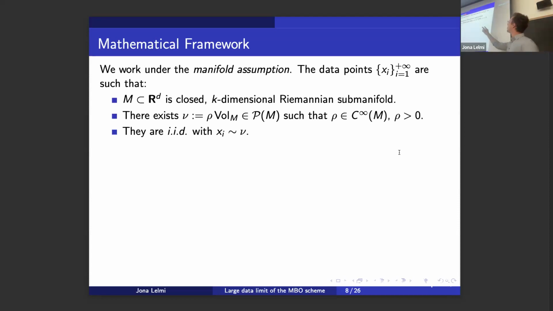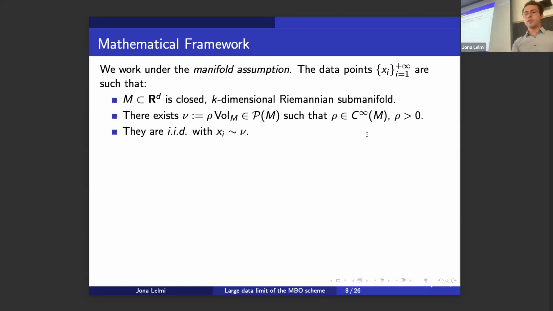So what we assume is that we are given data points x_i, with i from 1 to infinity, such that they lie on a closed k-dimensional Riemannian submanifold of your feature space, and the points are IID, distributed according to a probability distribution on the manifold, where the probability distribution is absolutely continuous with respect to the volume form with a sufficiently smooth density.